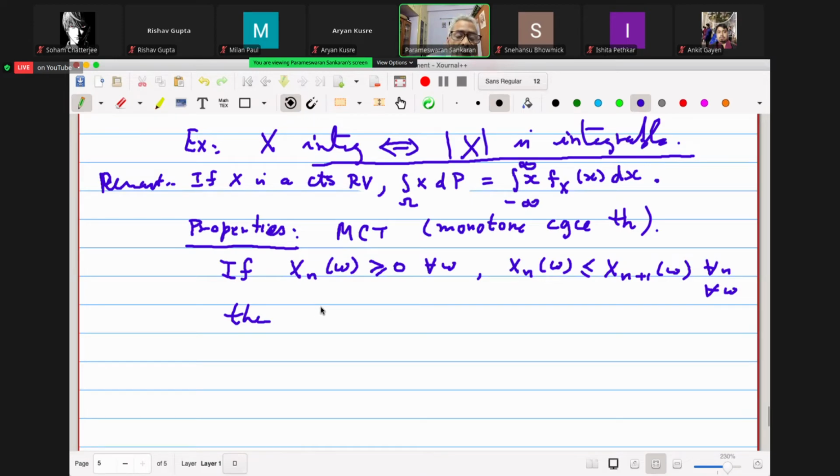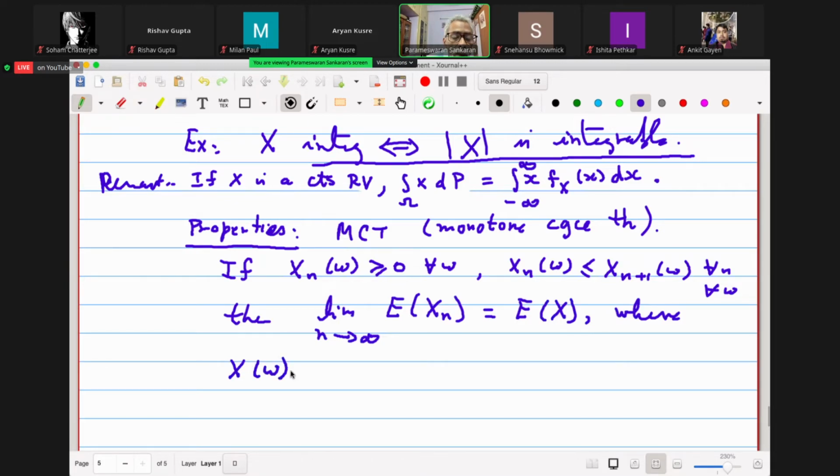Then it makes sense. Then the limit as n goes to infinity of E of xn is equal to E of x, where what is x?